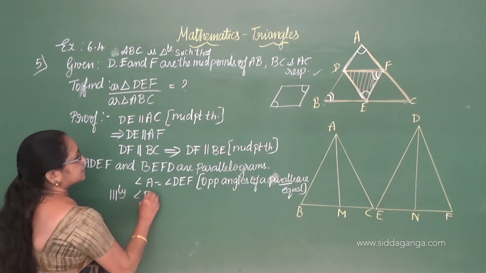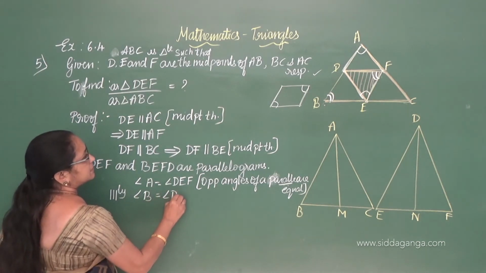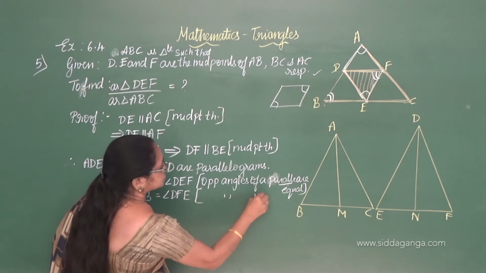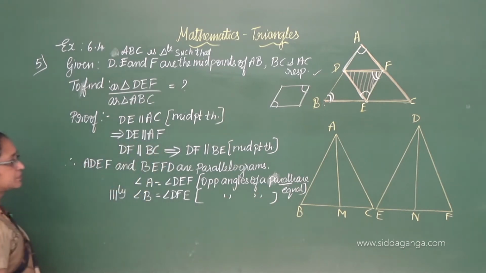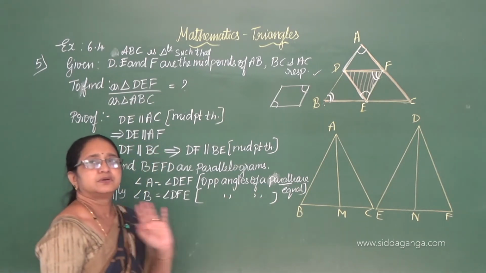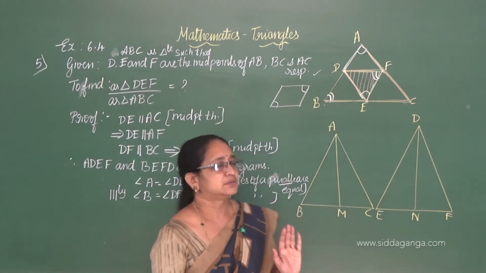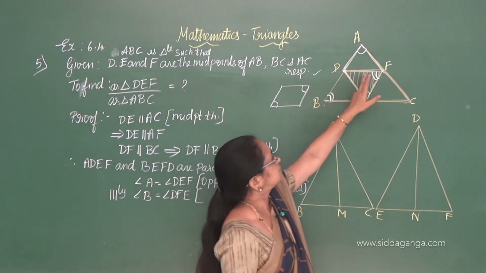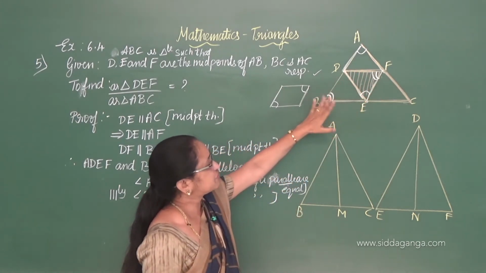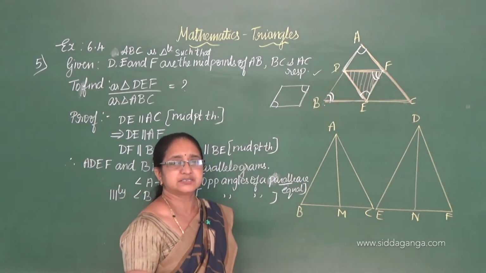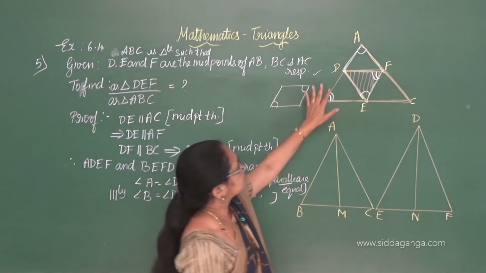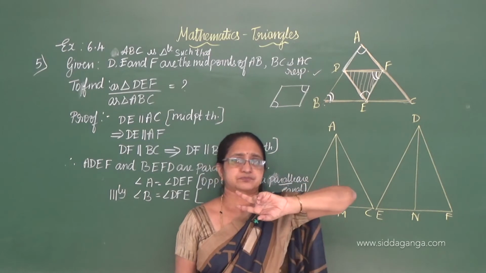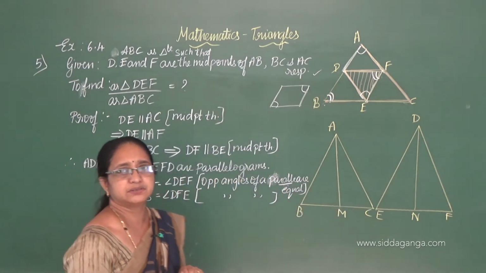Similarly, angle B is equal to angle DFE, again because opposite angles of a parallelogram are equal. Clear? Before proving that the two triangles are similar, I took two parallelograms so that we got two angles equal.